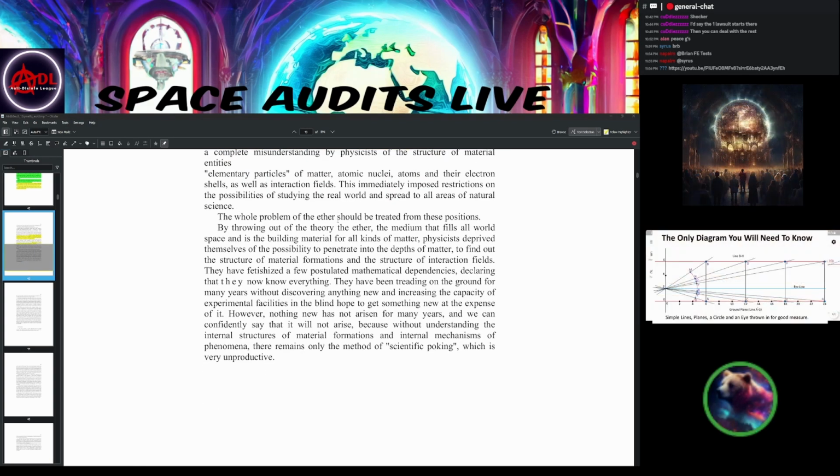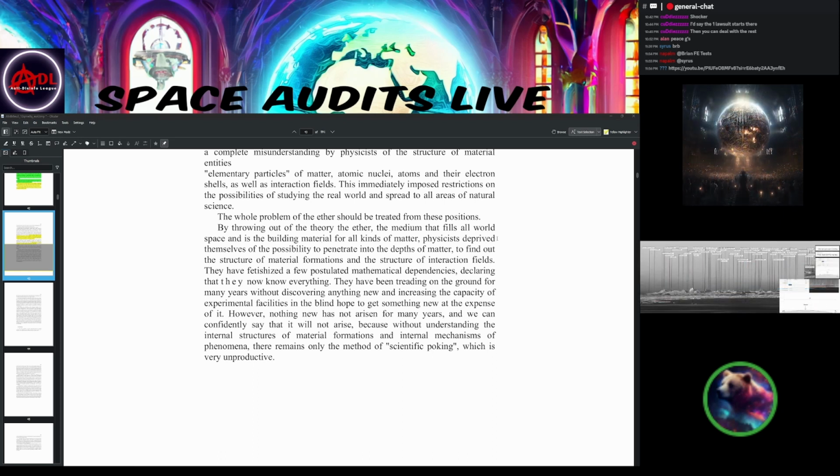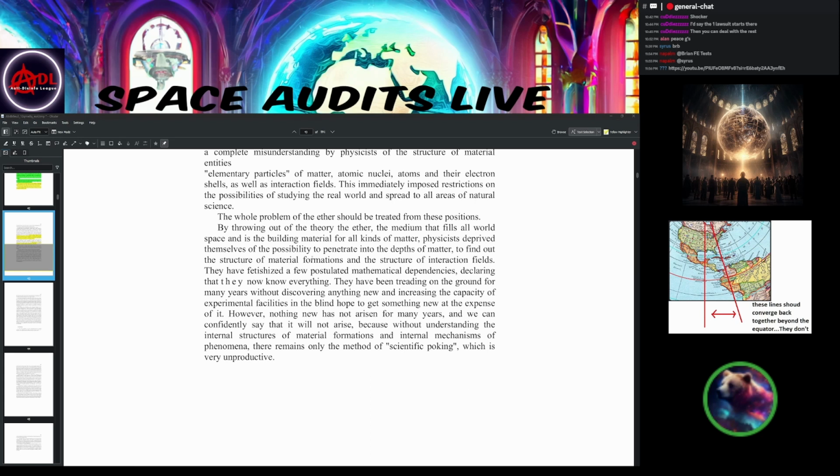The whole problem of the ether should be treated from these positions. By throwing out the theory of the ether, the medium that fills all the world space and is the building material for all kinds of matter, physicists deprive themselves of the possibility to penetrate into the depths of matter to find out the structure of material formations and the structure of interaction fields.